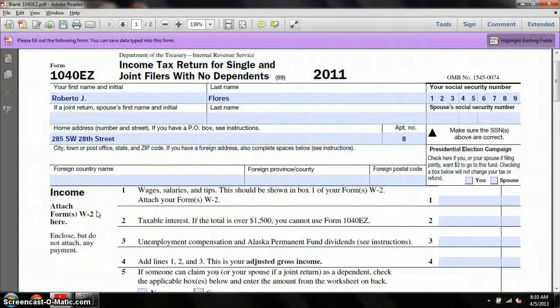This is obviously information that you are going to already know, so you're not going to necessarily need to fill it out this way. The zip is 97214-4562. So here we have our basic information filled out. That's our first step, just getting that information in.